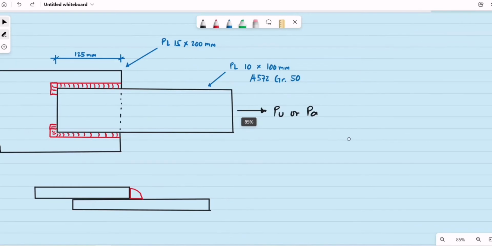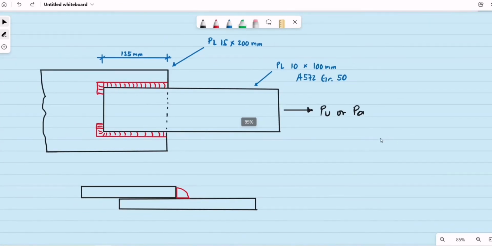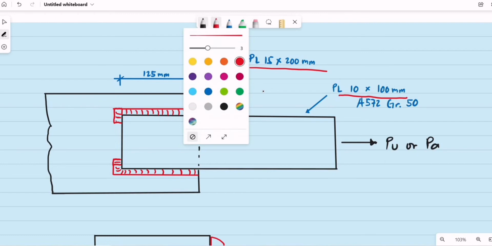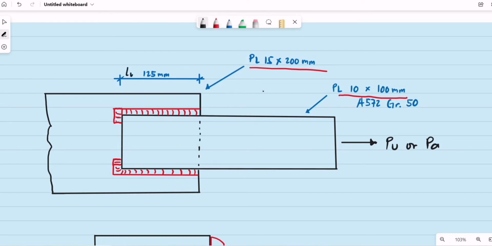So this is our connection. We have a plate that is 10 millimeters thick, 100 by 100 mm. Then we have the gusset plate, 15 millimeters thick by 200 millimeters. Then, the given length of the fillet weld is equal to 125 millimeters on two sides.